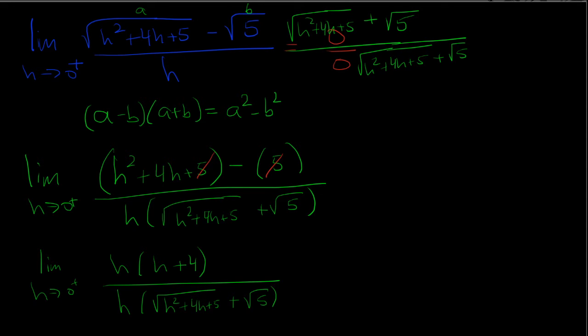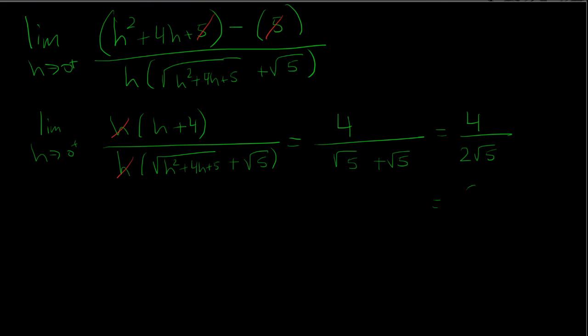So there's a factor of h at the top, a factor of h on the bottom, so those are going to cancel. And now if I plug in h equals 0, at the top I get 4, at the bottom I get root 5 plus root 5, so that would just be 4 over 2 root 5.